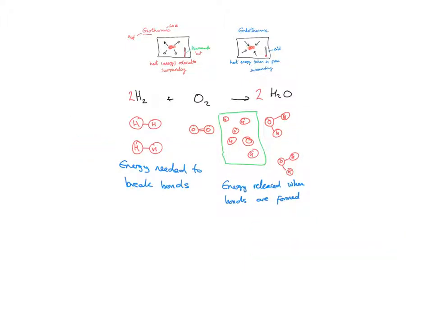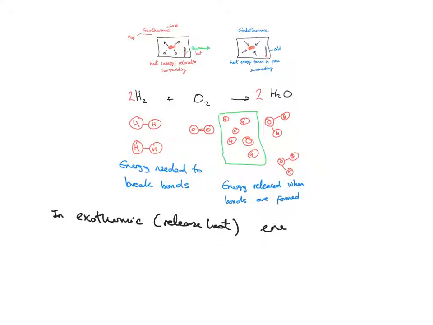So then overall, to decide if this reaction is exothermic or endothermic, all you're doing is looking at the balance between the energy needed to break bonds and the energy released when you form bonds. So in exothermic, reminder, this means you release heat.